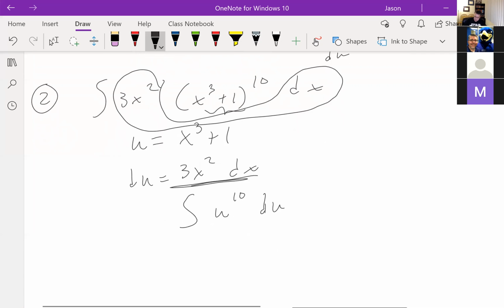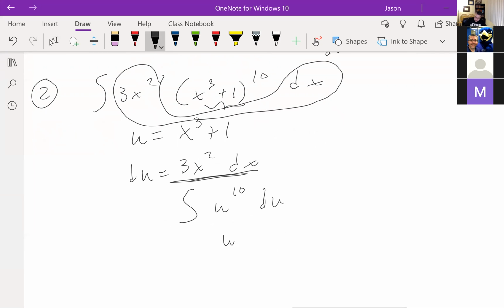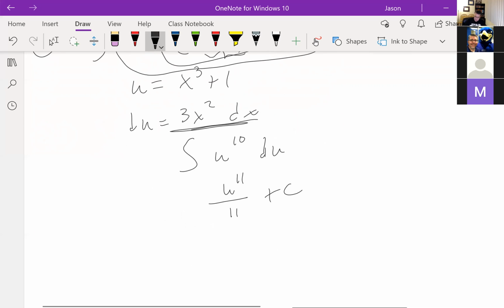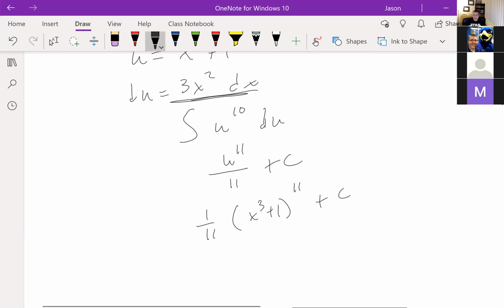So now let's integrate this. Well, that's u to the 11th over 11 plus c. But what was u? Well, I'm going to make this 1/11 times u, which was x cubed plus 1, to the 11th power plus c. And you could see that if we took the derivative, we would get the same thing out.